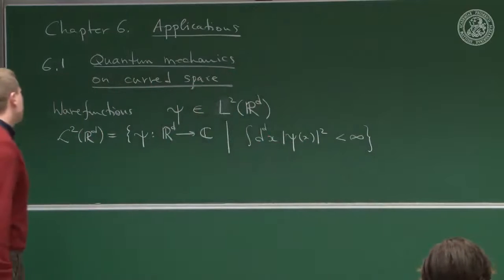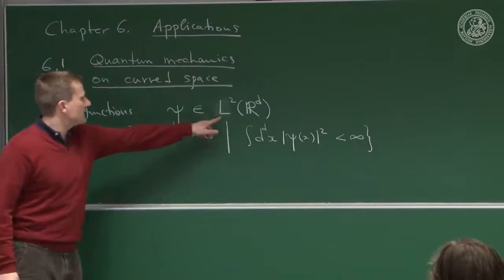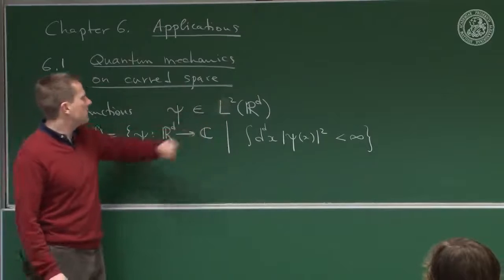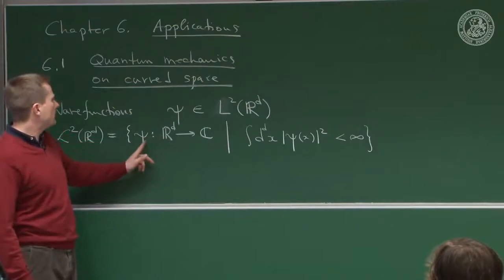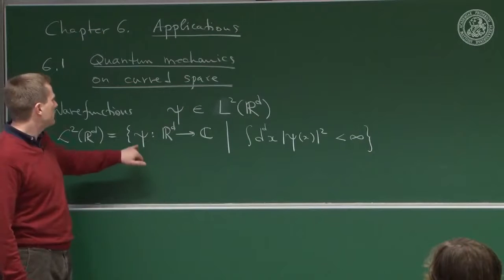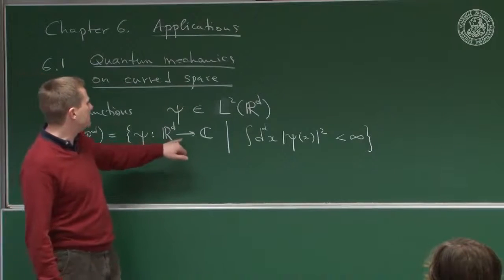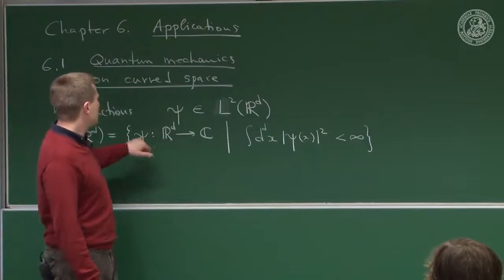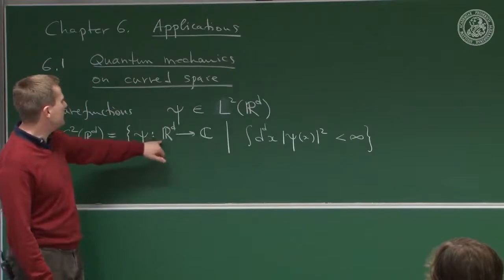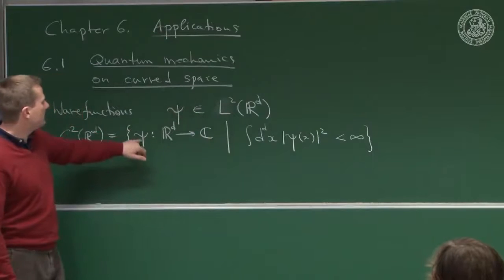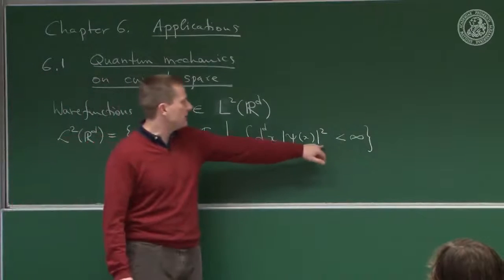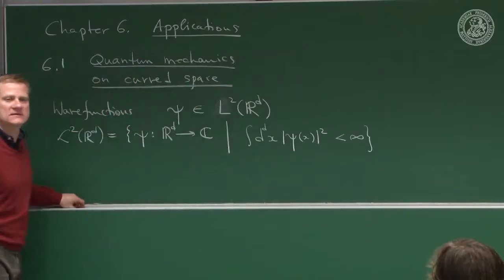Now, this space is not this space, because in this space we only look at the equivalence classes of such functions. Any two elements in here are to be identified in here if their difference has a vanishing integral of this type.